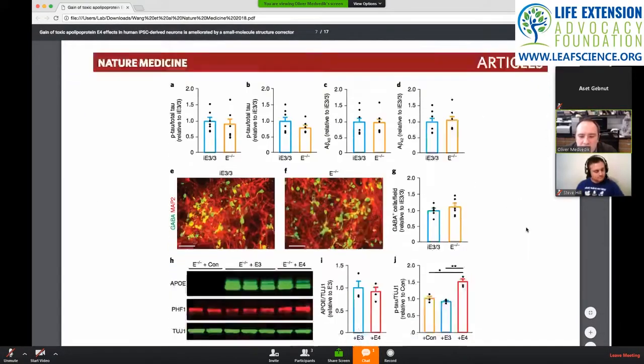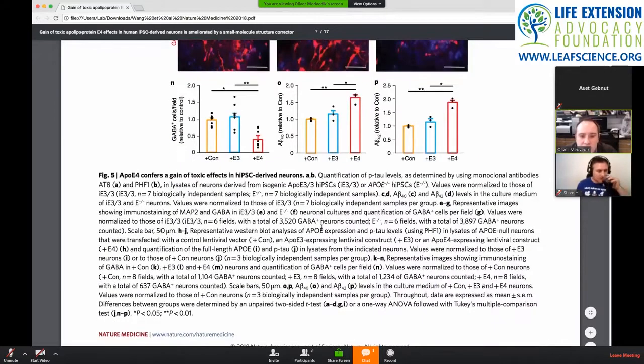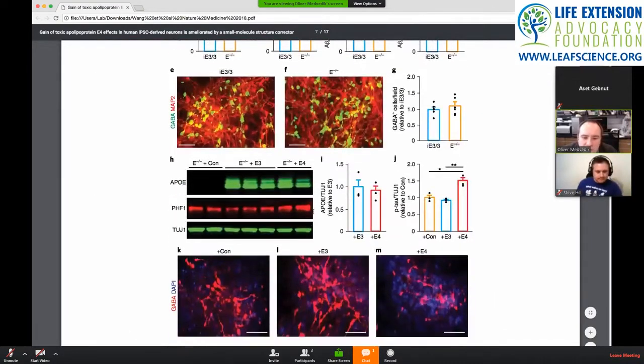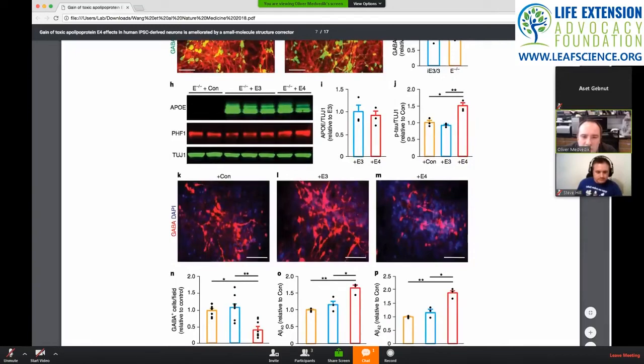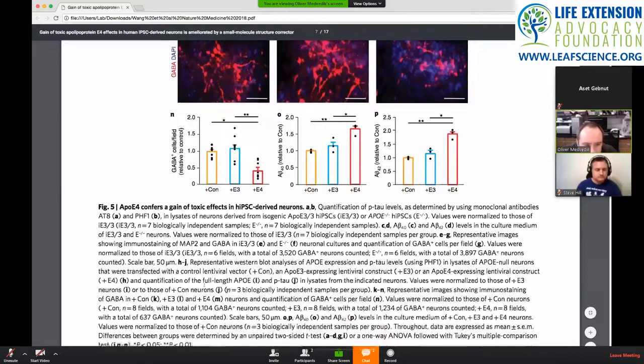So these are ApoE homozygous double negative cells. And what do they do here? I believe that they introduce either E3 or E4 using a lentivirus. Is that right? They use a virus. Yeah, lentiviral vector. And see what happens, right?